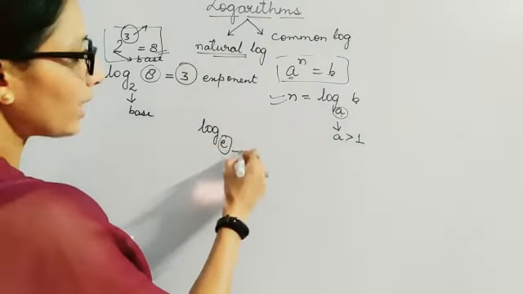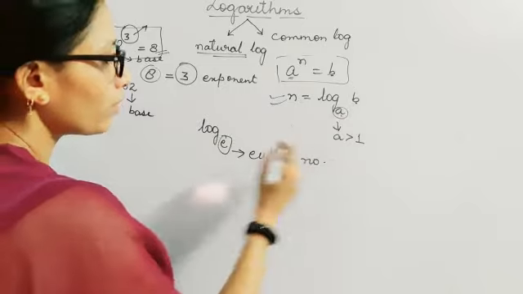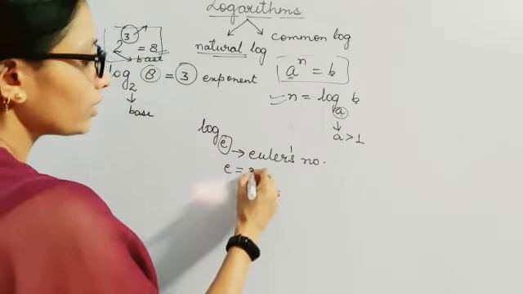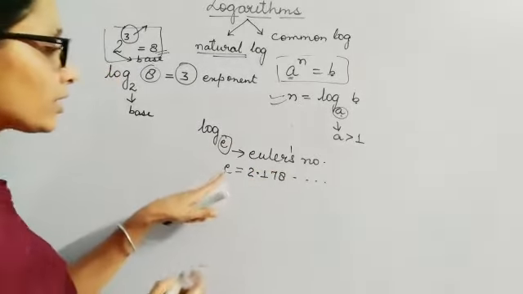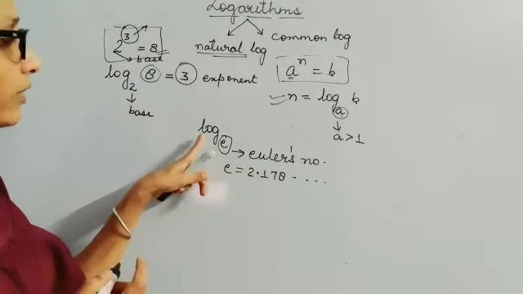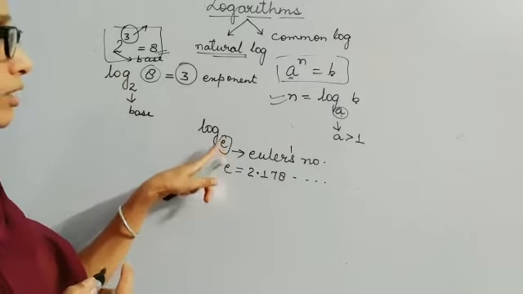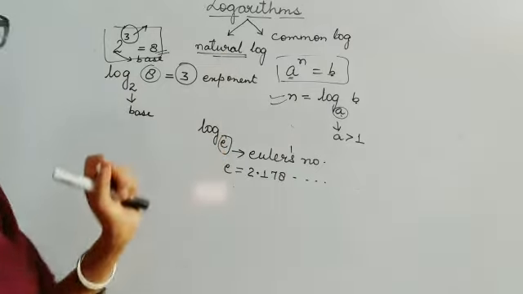This e is actually Euler's number, and its value is approximately equal to 2.718 and so on. This e is an irrational number, and we write it as log of anything to the base e. Whenever you get base e, it is known as natural log.